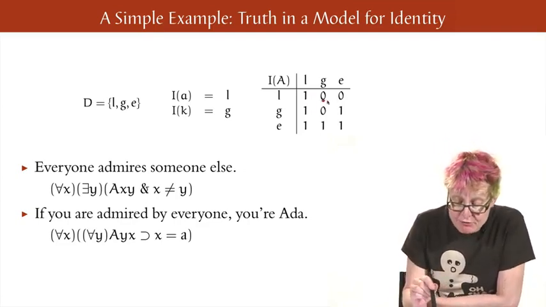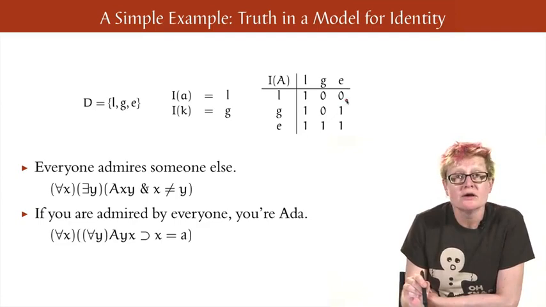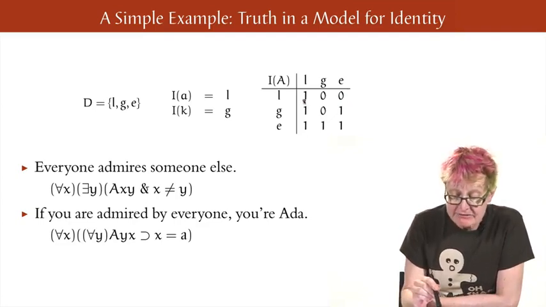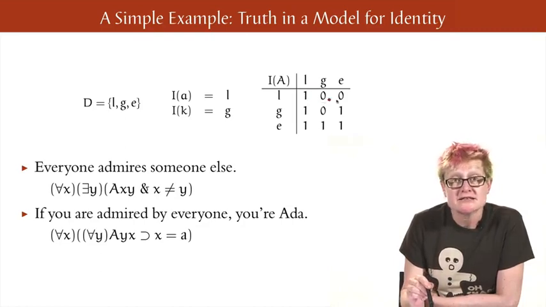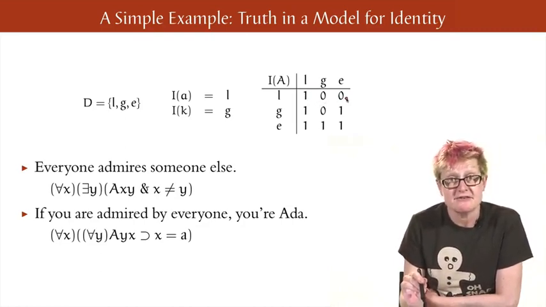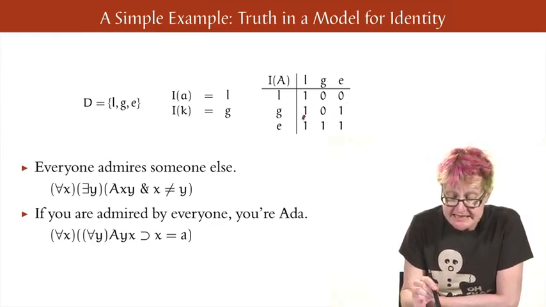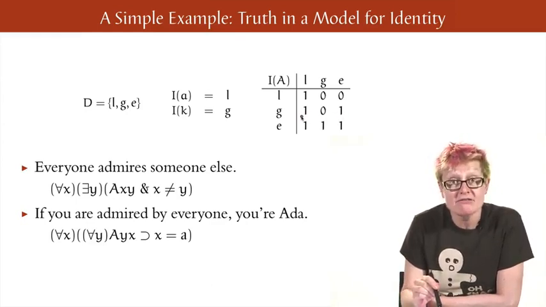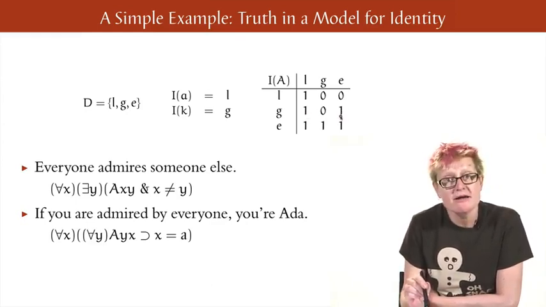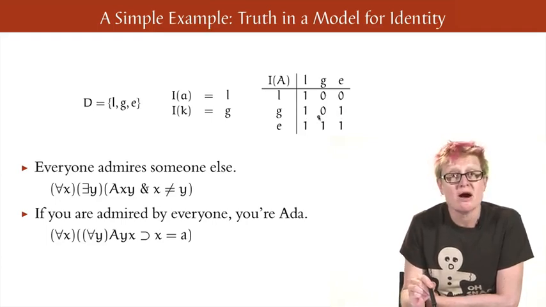The first row of the table says that Ada Lovelace admires herself but does not admire the other two, which makes sense because she died in 1852, well before the time of Gödel and Einstein. The second row says that Kurt Gödel admires Ada Lovelace and admires Albert Einstein but does not admire himself, which is probably true.